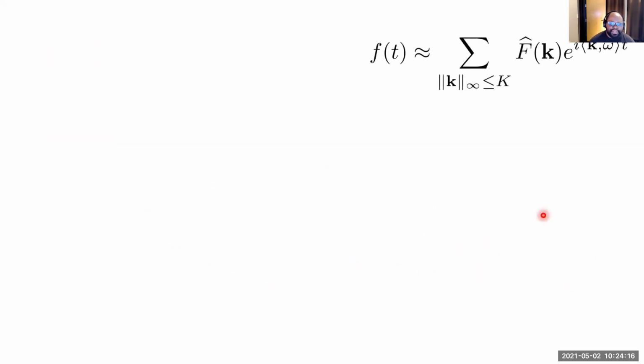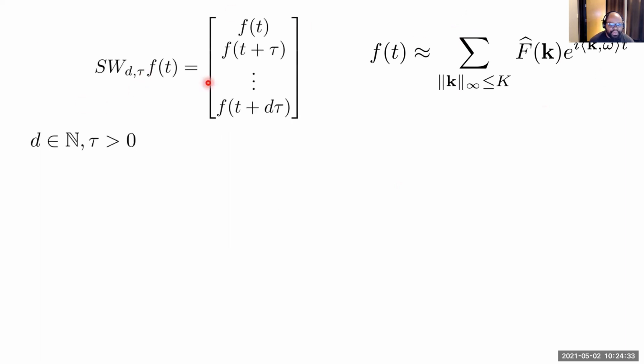So what is the strategy? The strategy is actually very simple. Take your quasi-periodic function f, little f, approximated by a finite trigonometric polynomial like this, and remember that the sliding window embedding of little f is this vector.